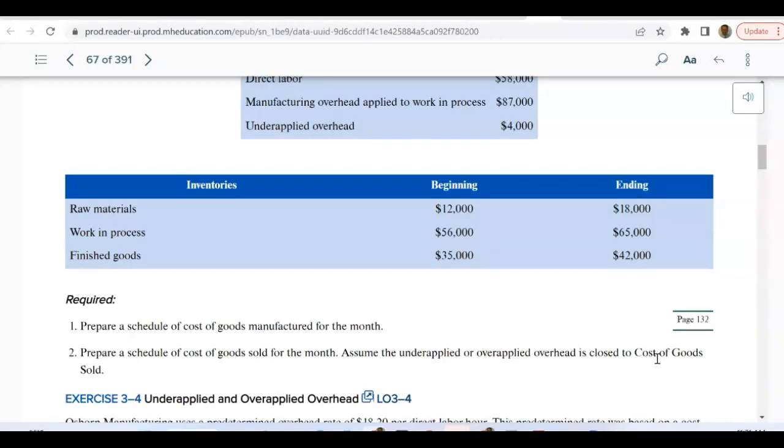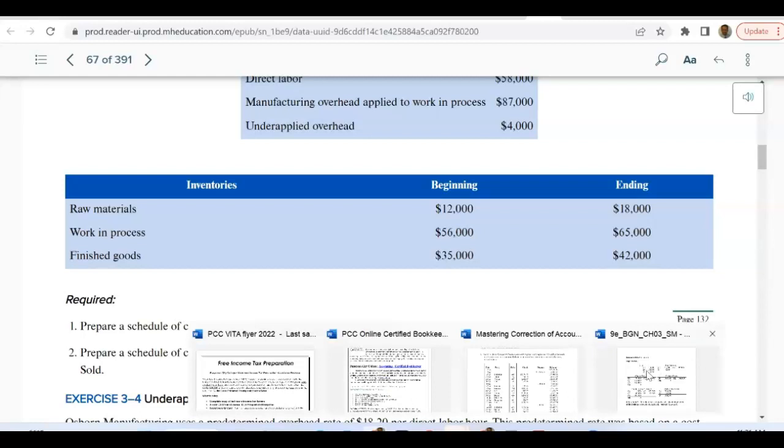But here it says, you know what, imagine it's not a big material amount, so we close it in cost of goods sold. So that's the normal situation. Okay, so prepare the schedule of cost of goods sold. Here is the solution.